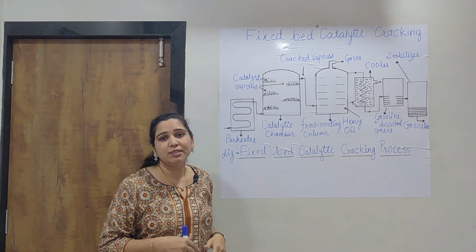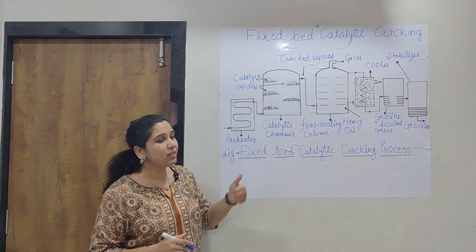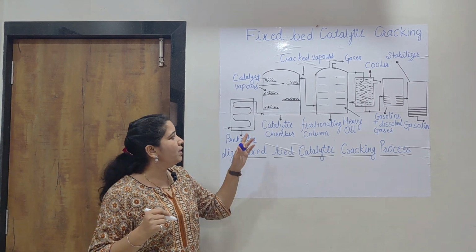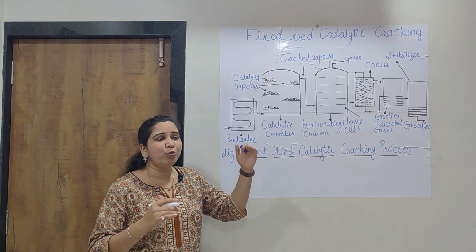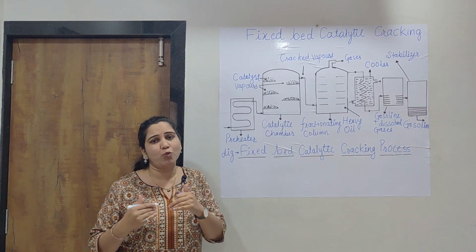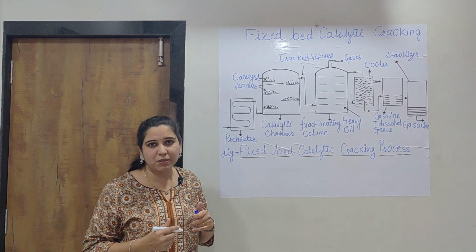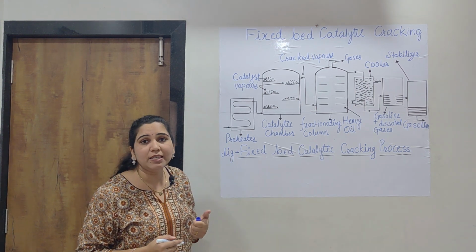Now, moving towards its working, exactly what will happen. In working, first there is a preheater. Before the heating process, before the exact cracking process, it is not a direct process, but a systematic process must be there. So the preheater is there first.